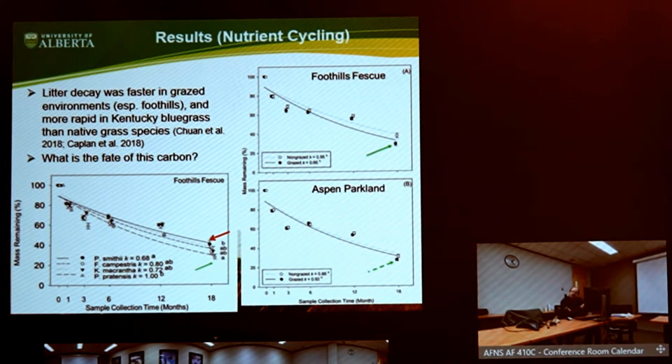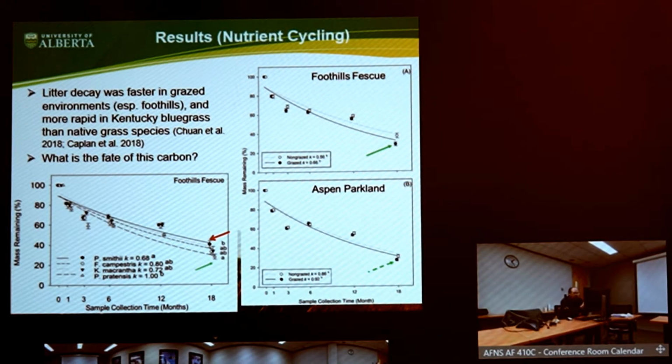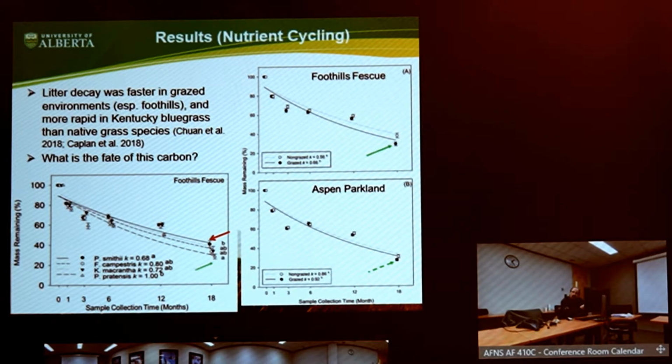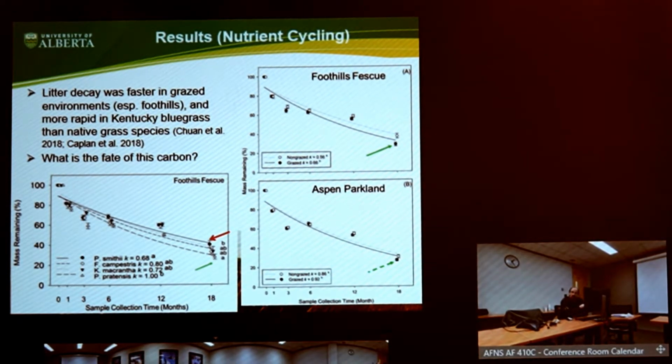So the question is then, what's the fate of that carbon? Is it simply being broken down and released back to the atmosphere, or is it being broken down very quickly and incorporated into the organic carbon pool within the soil, where it can be sequestered for an extended period of time?